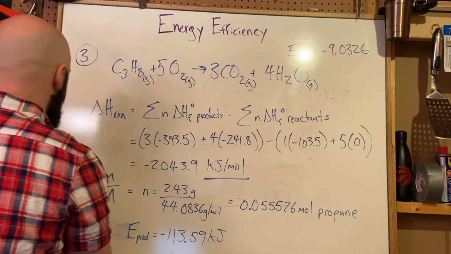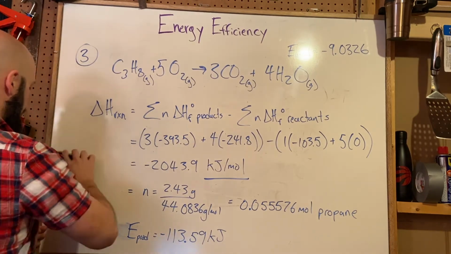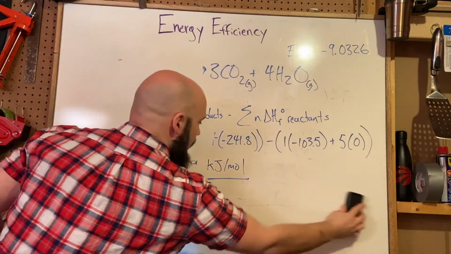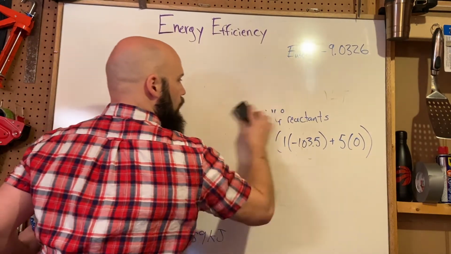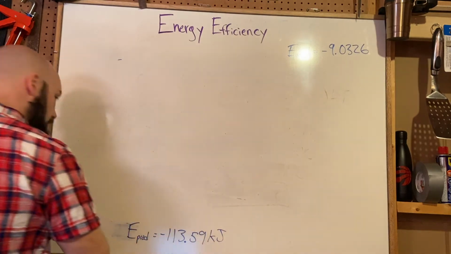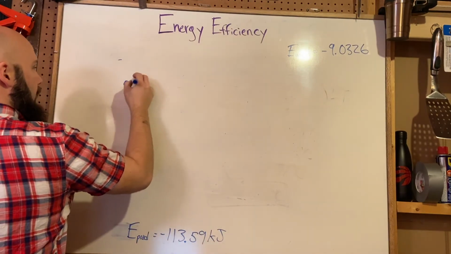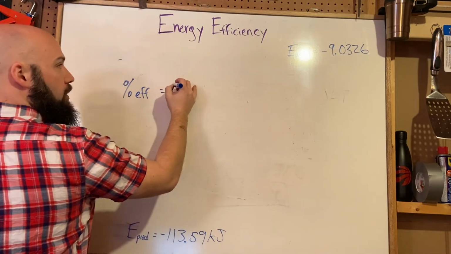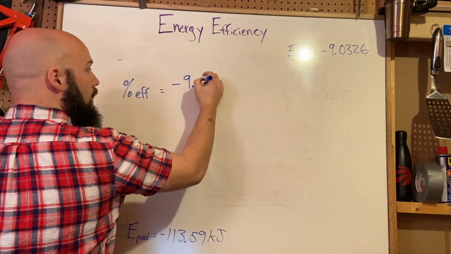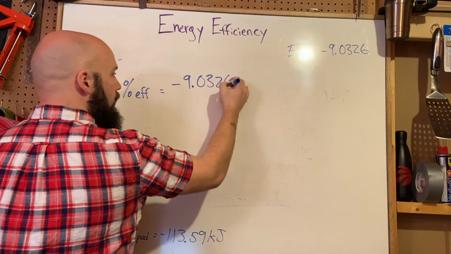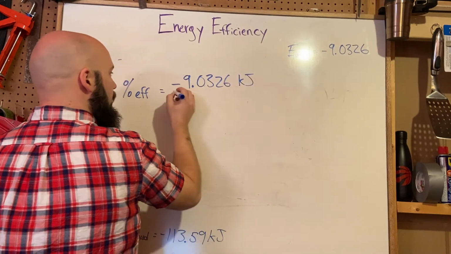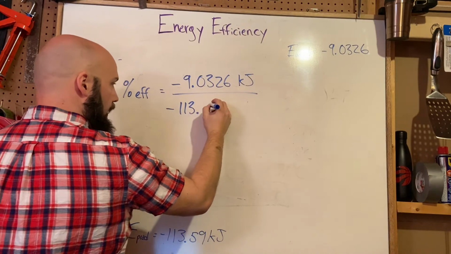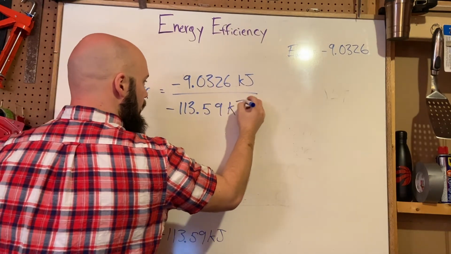So we take those two values, and from there we're going to get our efficiency and write it out as a percentage. The percent efficiency is used over produced, which in this case is negative 9.0326 kilojoules divided by negative 113.59 kilojoules.